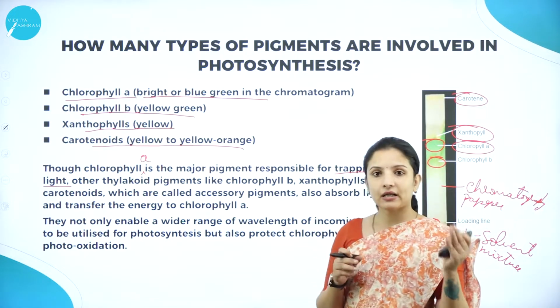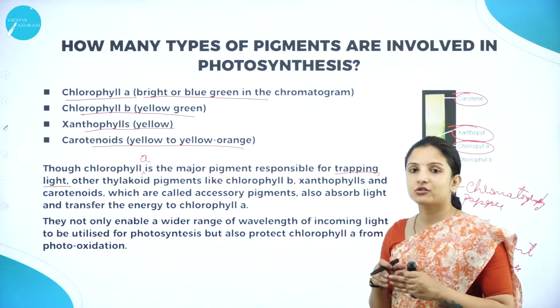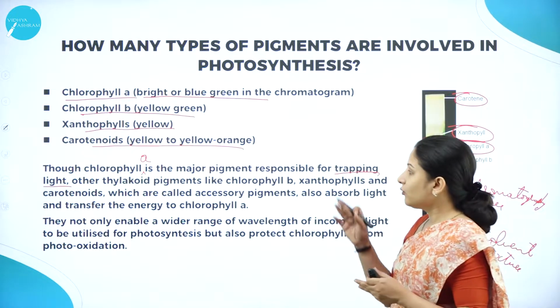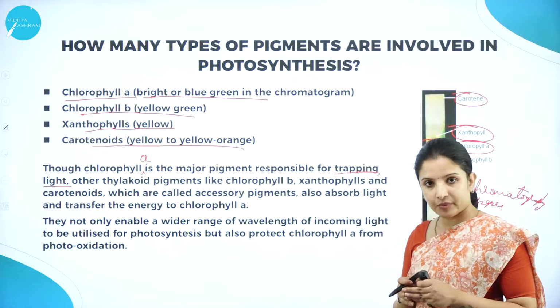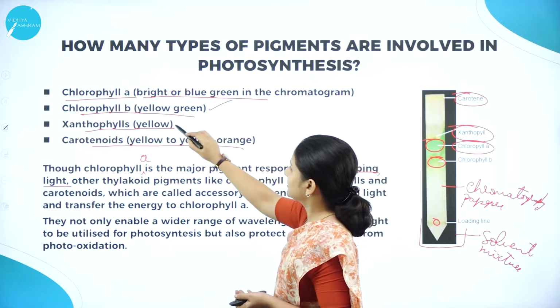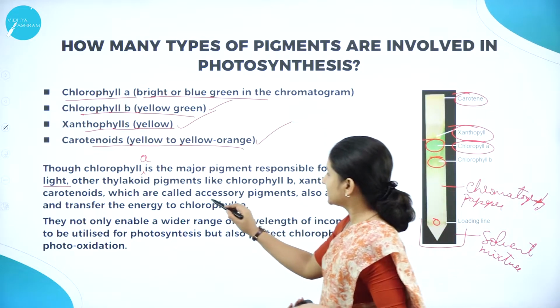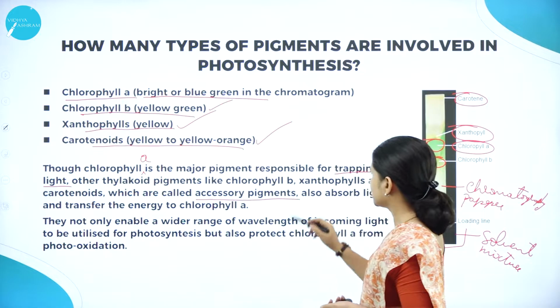Now you might ask, if chlorophyll A itself performs the function of trapping the light, what is the need for the other three pigments? These three pigments, chlorophyll B, the xanthophylls and the carotenoids, are called accessory pigments. Why?